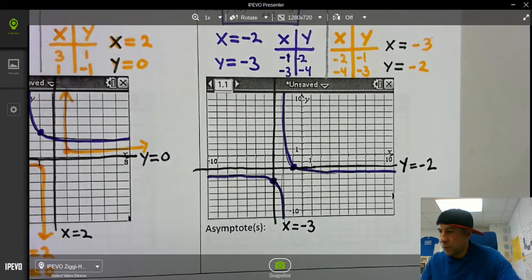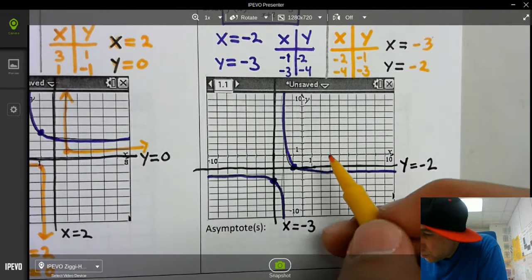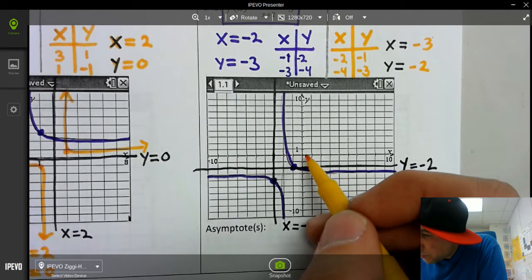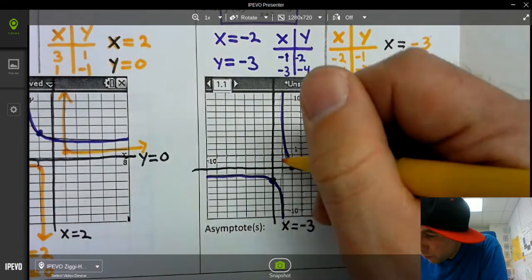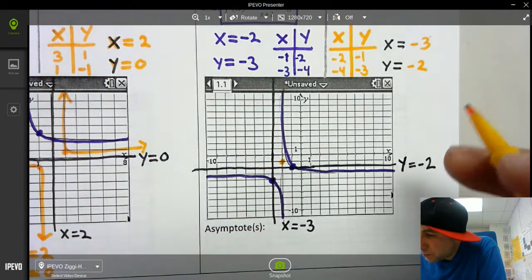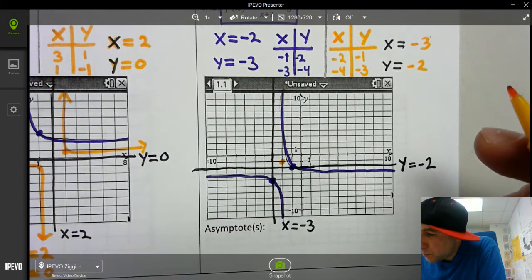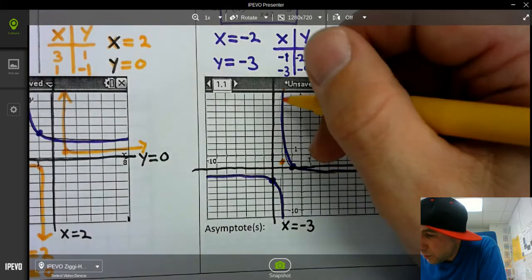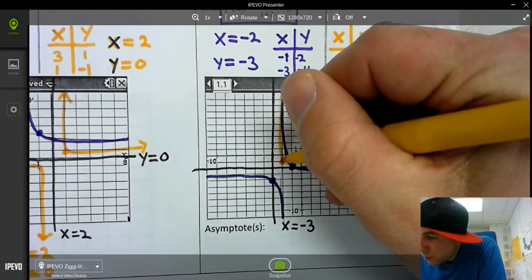All right, so our new points are to the left, 1, 2, down 1. And again, we follow the asymptote, never touch.